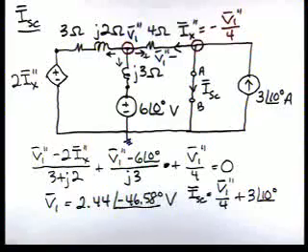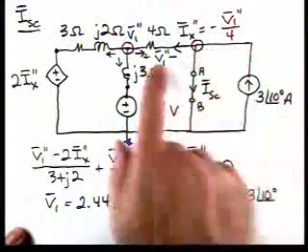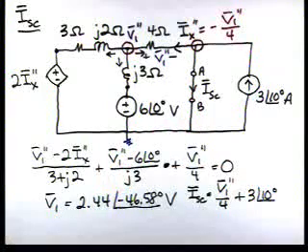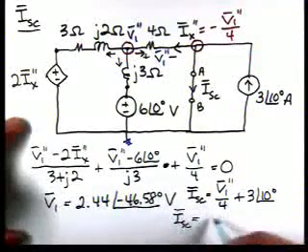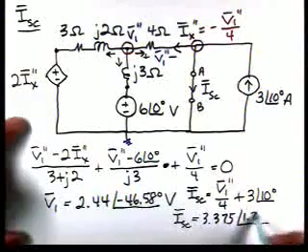I short circuit is leaving the node, 3 at an angle of 10 is entering, and V1 double prime over 4 is entering. And if we calculate, I short circuit turns out to be 3.375 at an angle of 1.33 degrees.